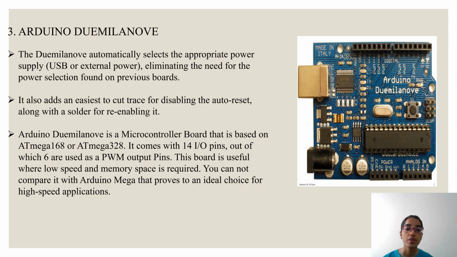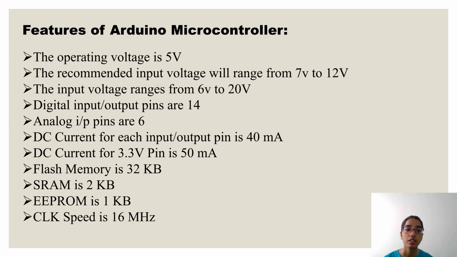Arduino Duemilanove is a microcontroller board that is based on ATmega168 or ATmega328. It comes with 14 input-output pins, out of which 6 are used as PWM output pins. This board is useful where low speed and memory space is required. You cannot compare it with Arduino Mega, which proves to be an ideal choice for high-speed applications.